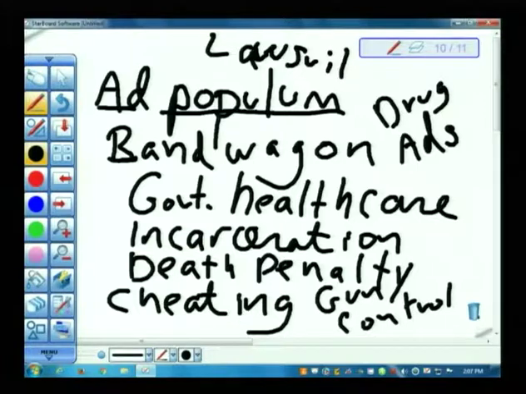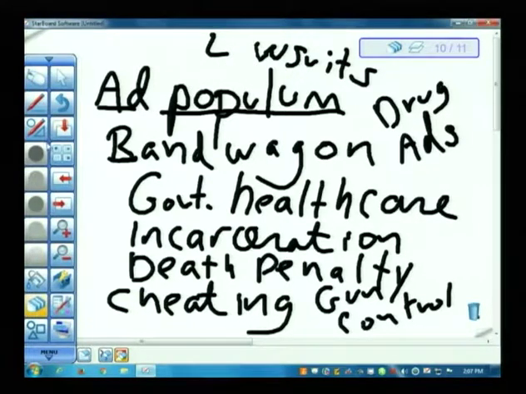Lawsuits. We're a lot like ancient Greece. Aristophanes has this comedic play called The Wasps, and it talks about how Greek society was like that too. Everybody's always suing everybody else, and there's a father who's lawsuit crazy.